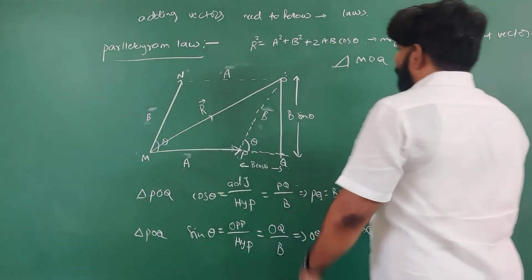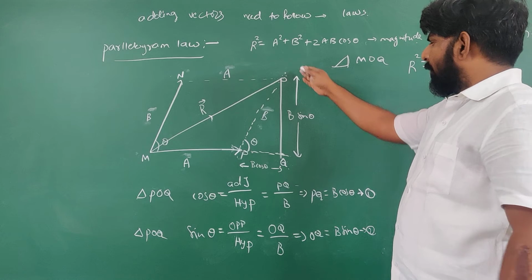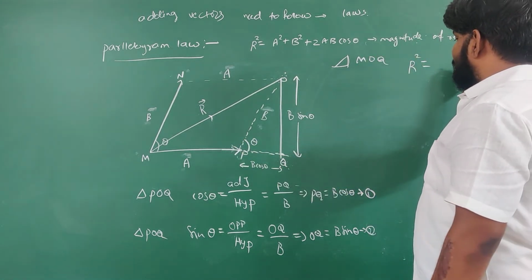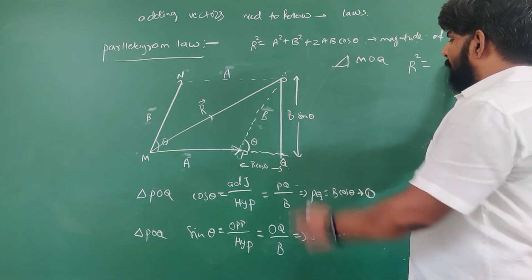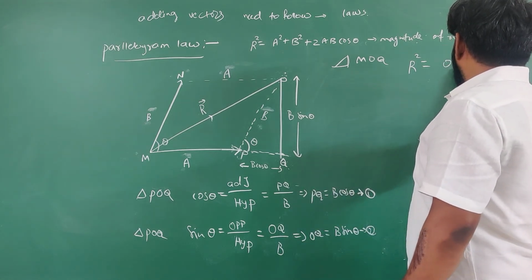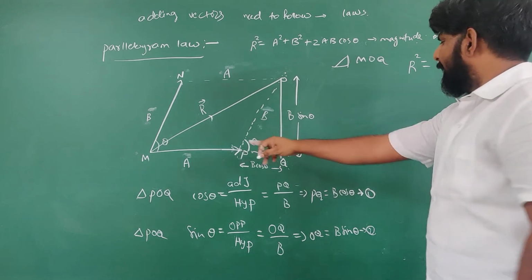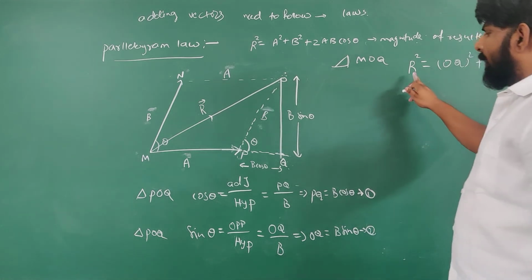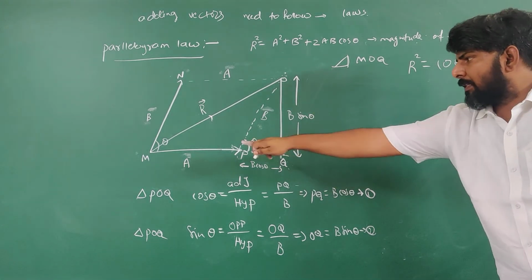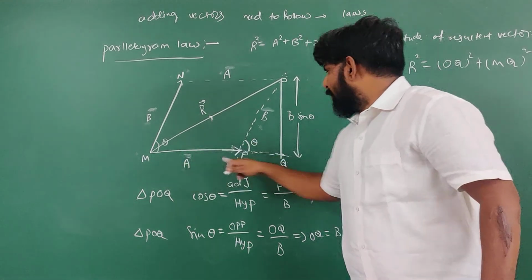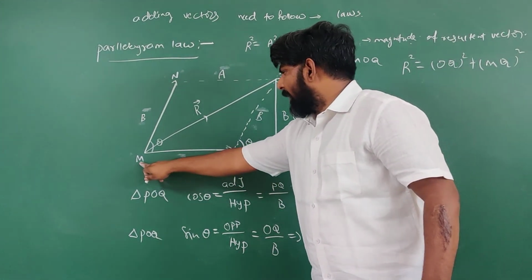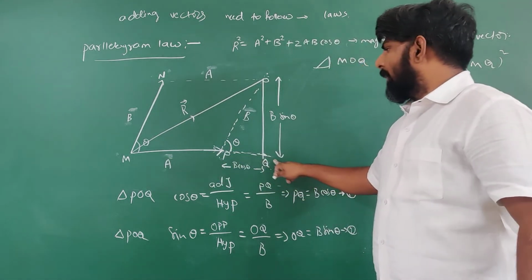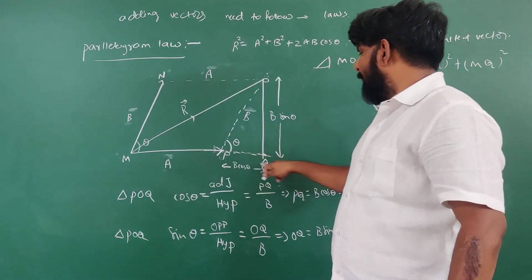R square equal to square of hypotenuse is equal to square of opposite plus square of adjacent. So R square equal to OQ whole square plus MQ whole square. MQ I am writing as MP plus PQ. Is it right?